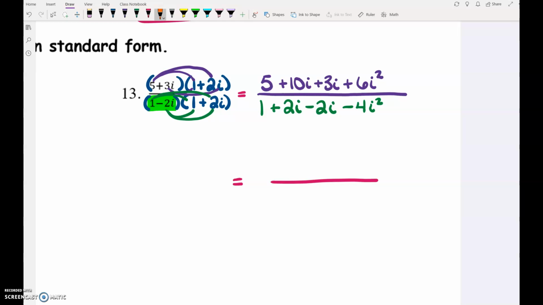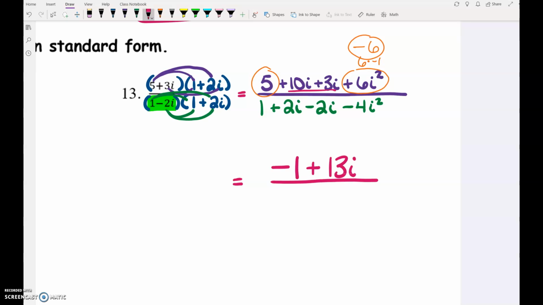First in the numerator, 6i squared is 6 times negative 1. So really that term is negative 6. So we have 5 and negative 6, which gives us negative 1. Then 10i plus 3i, 13i.